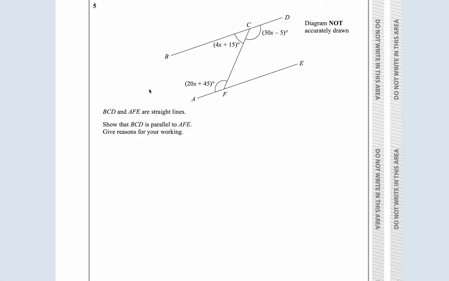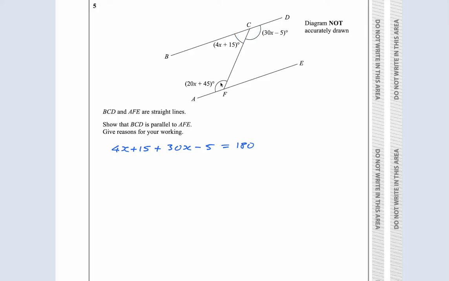But it says BCD is a straight line. So if BCD is a straight line, then 4x plus 15 plus 3x minus 5 has to equal 180. Because look, this plus this is a straight line. So those two angles together have to equal 180.